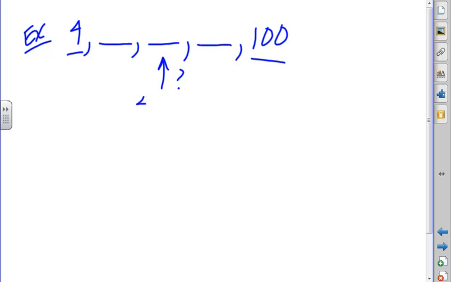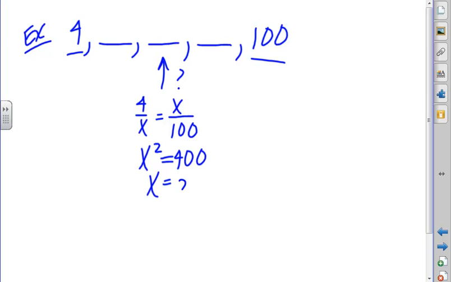We would say 4 is to x as x is to 100, and we would figure out that x squared is equal to 400, and then x would be equal to 20. Technically it's plus or minus 20, but for now I'm just going to think about the positive.